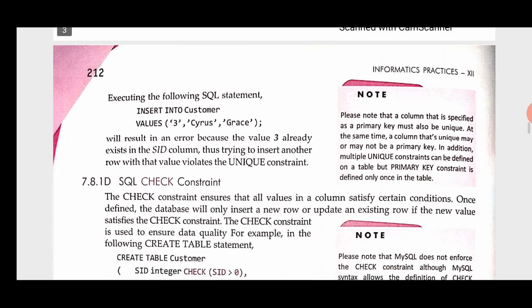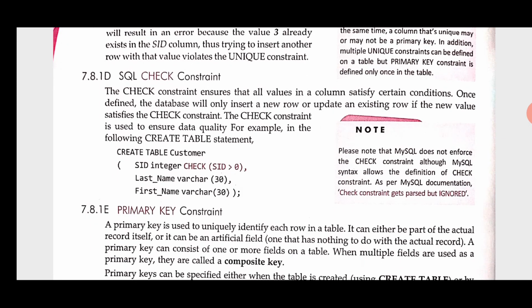Next one is our SQL CHECK constraint. The check constraint ensures that all values in a column satisfy certain conditions. Once defined, the database will only insert a new row or update an existing row if the new value satisfies the check constraint.